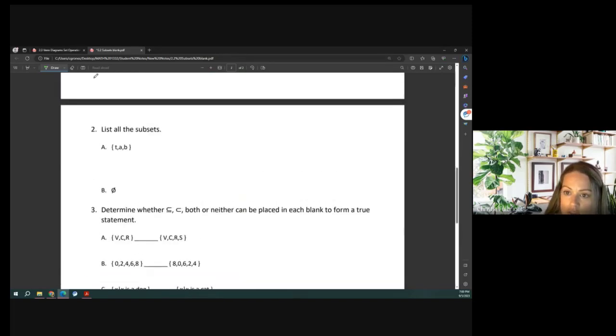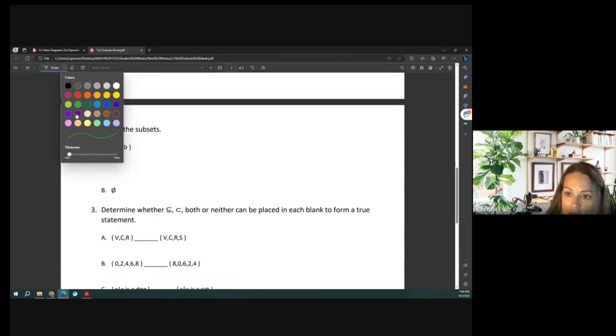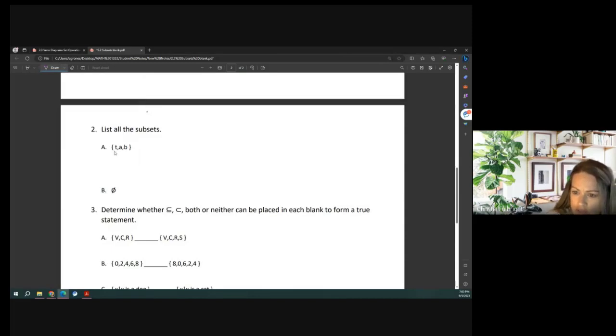On to list all the subsets. All right, so on A, we have the letters T, A, B. So we can do exactly what we did up there, where we split it up into these smaller sets with just the letters.